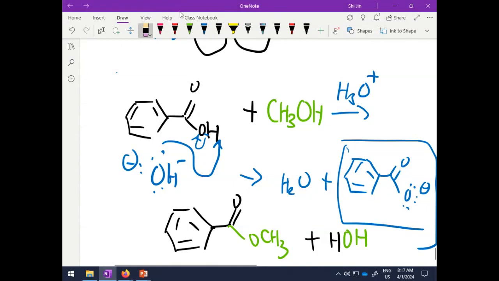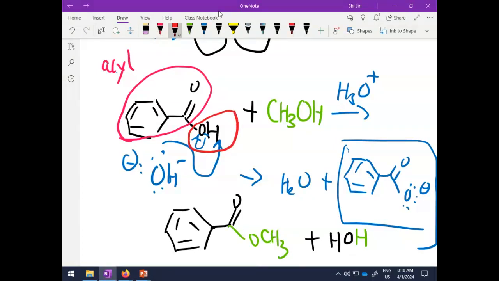In this reaction, you can break the carbonyl compound into two parts. This is the electrophilic part, and we call it the acyl group. The other part is OH minus. We can say this one is the nucleophilic part.